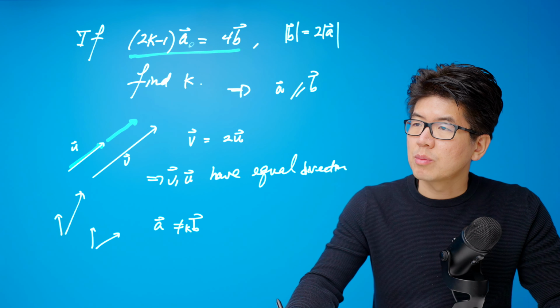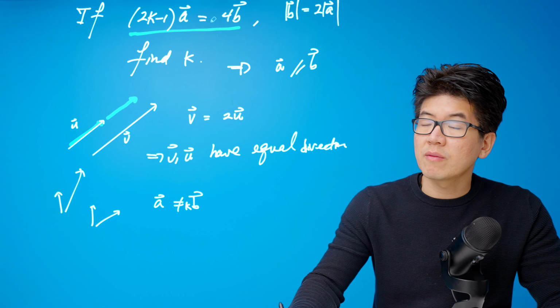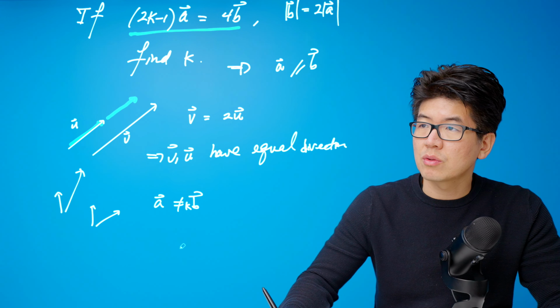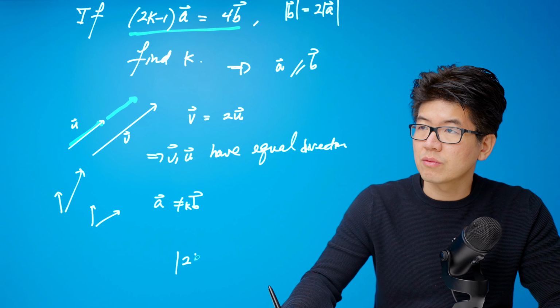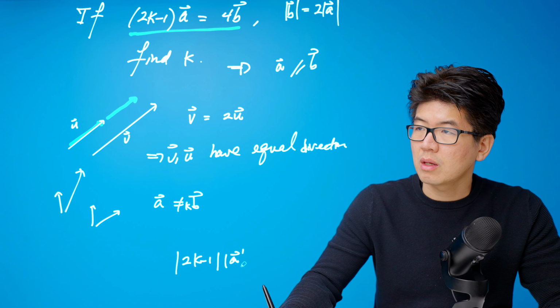All right, so let's take the magnitude of both sides. Now we know they have the same direction, a and b. So if we take the magnitude of both sides, the magnitude of (2k minus 1) times a equals 4 times the magnitude of b.